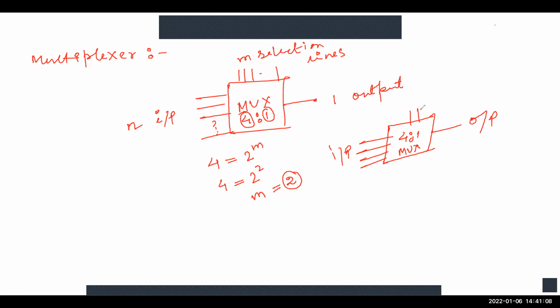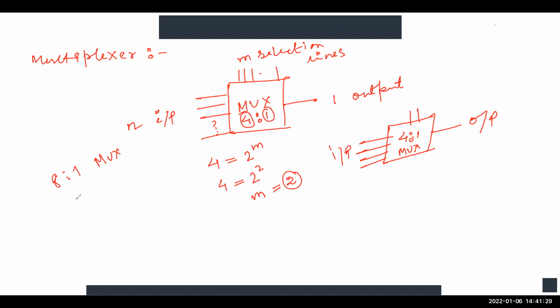Yes, sir. Can you tell me now, for an 8 to 1 MUX, what is the number of select lines? Three, sir. Yes, three. For 16 to 1, 2 to the power 4, so 4, like that.